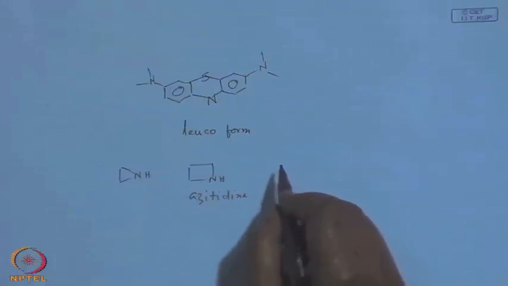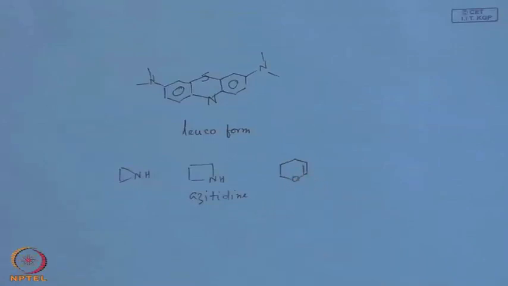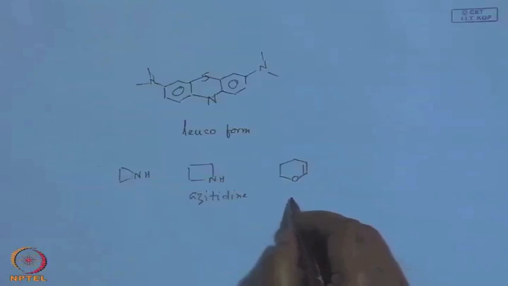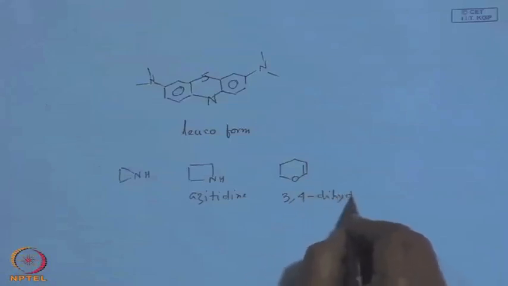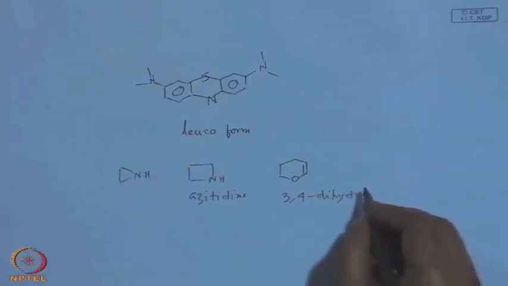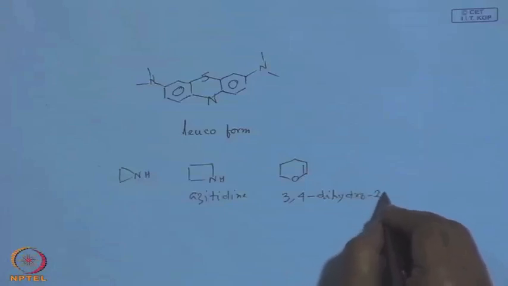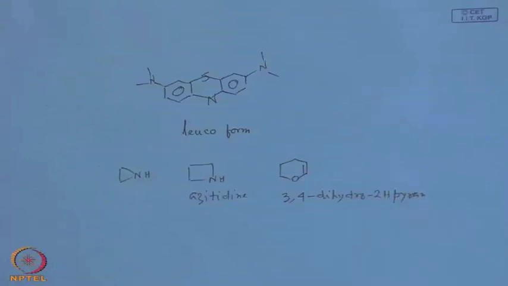Then there are other things, for example, many of you are familiar with this molecule. What is this molecule? Dihydropyran. Actually there is a form called 2H pyran.